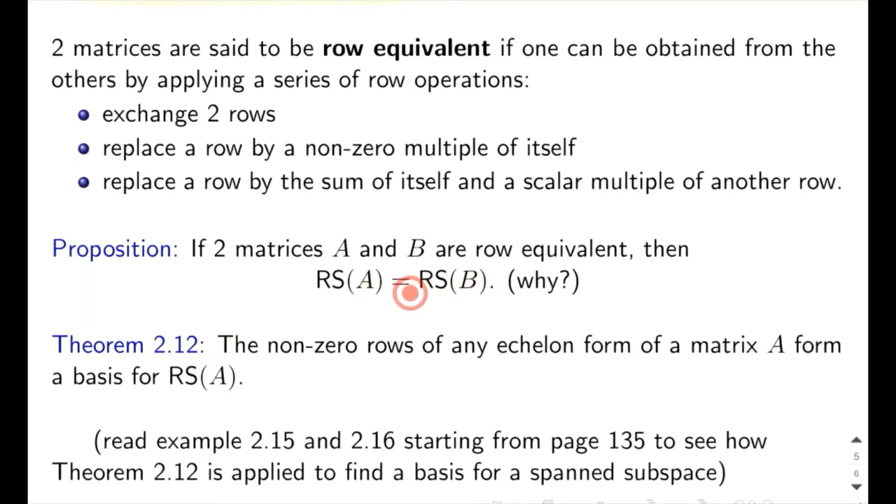That's surprising, right? Two completely different sets of rows or vectors span the same thing. Now, I would like you to read the examples here. The book has done a very good job. You need to utilize it.